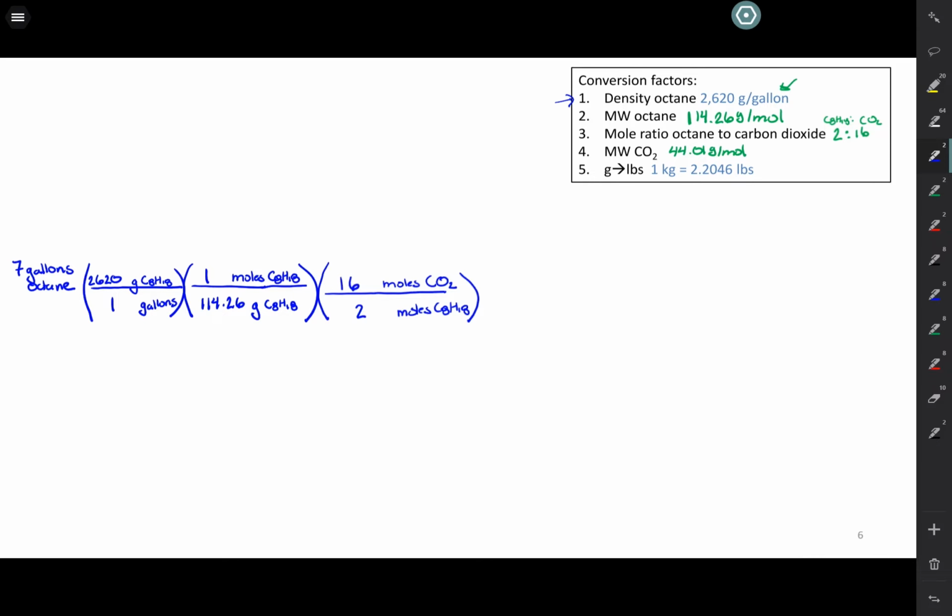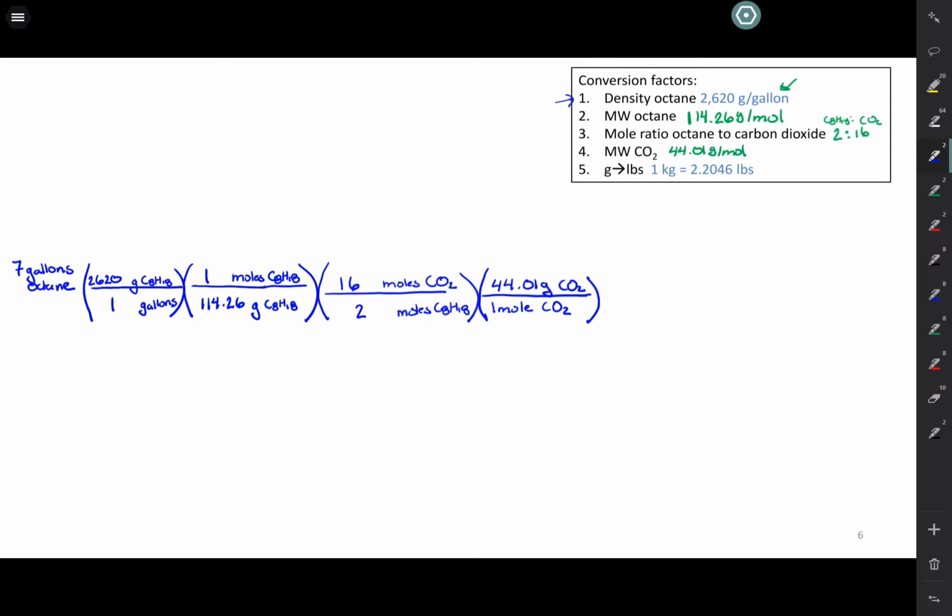Where did we get that? We got it from the balanced chemical equation. Now we're going to go from moles of CO2 to mass of CO2. 1 mole of CO2 is 44.01 grams of CO2.